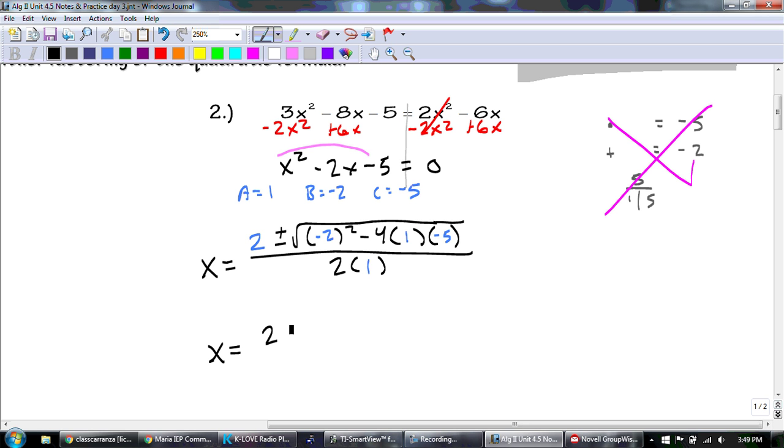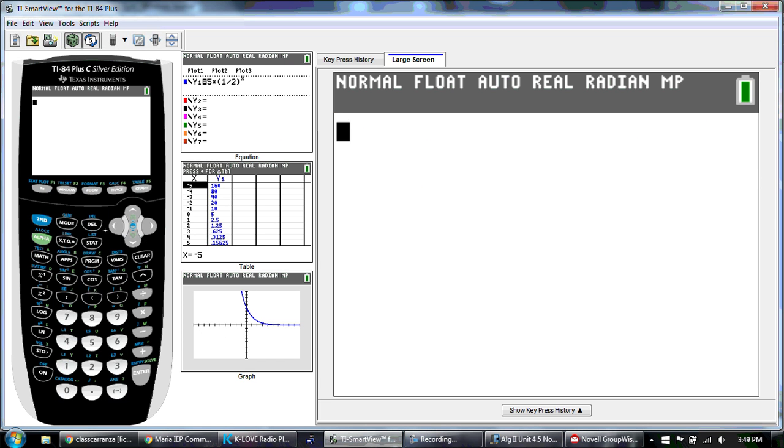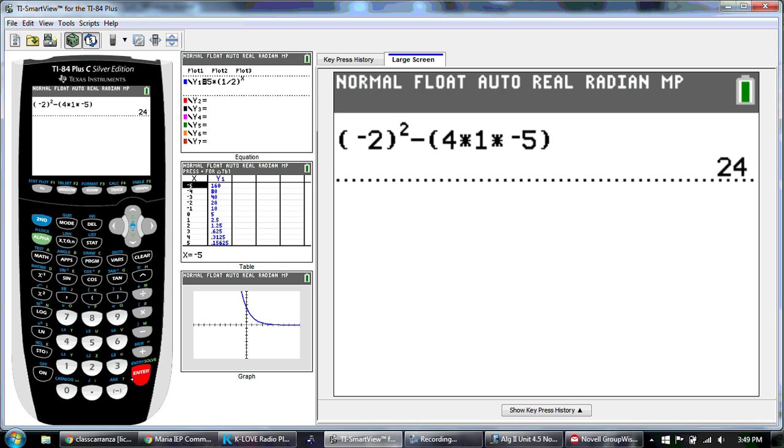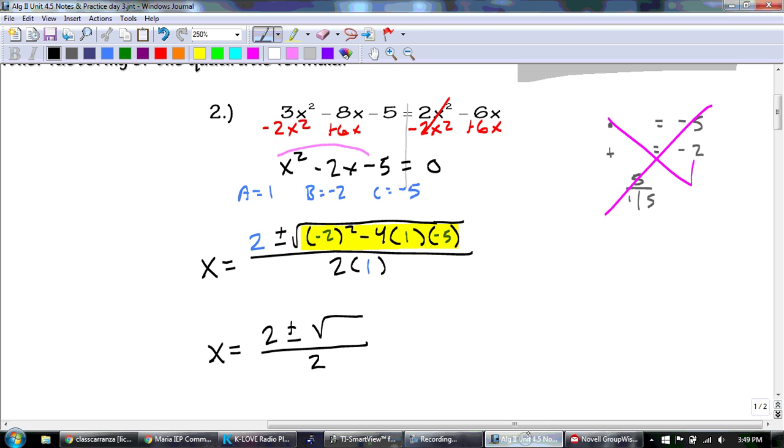So the first part that we do is what's underneath the square root. So we have negative 2 squared. Remember, we're just doing the part underneath the square root. So negative 2 squared minus 4 times A times C. And we get 24.